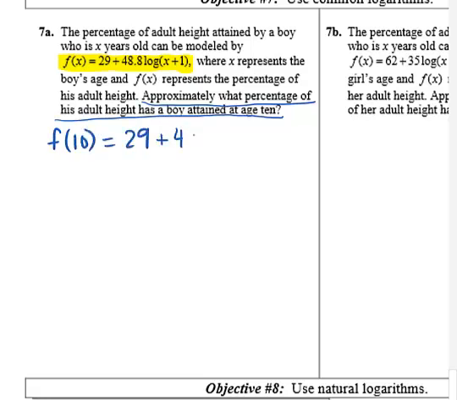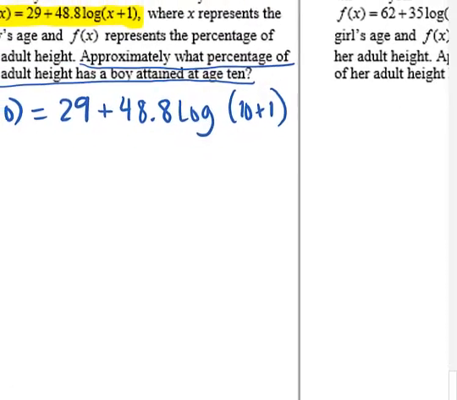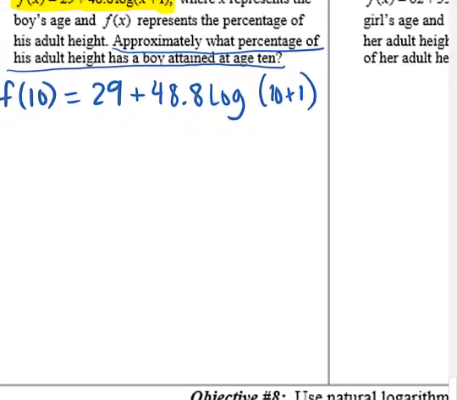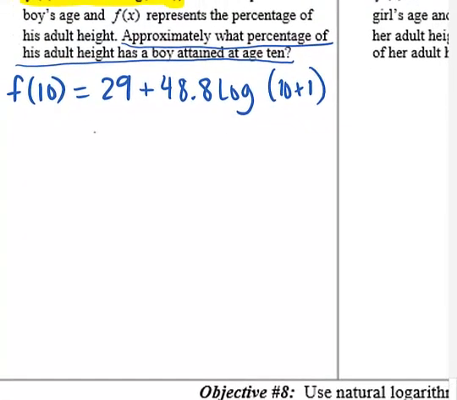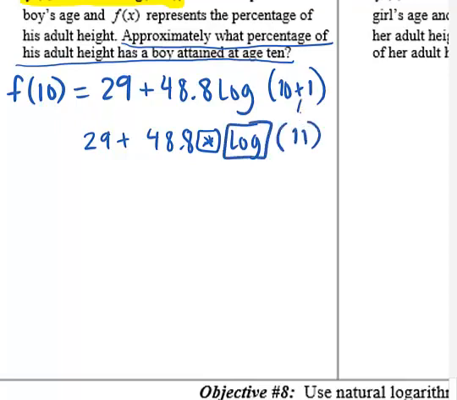29 plus 48.8 log of 10 plus 1. And you actually have a log button on your calculator. So I'm going to type in 29 plus 48.8 times the LOG button, and then it'll have parentheses, I'll put 11 because these add up to 11.